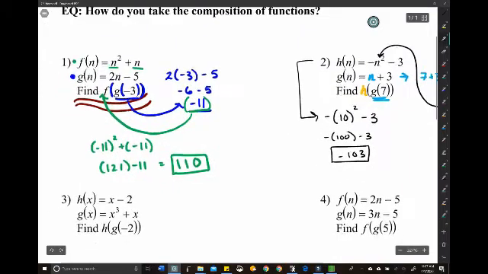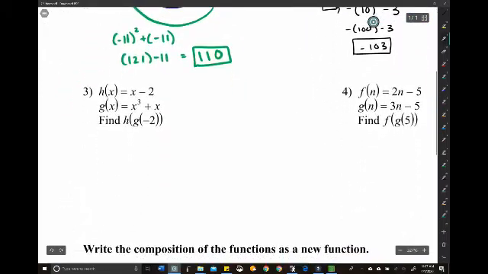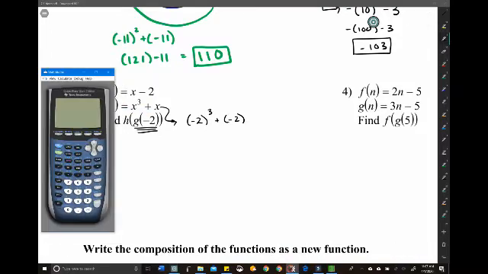Okay, some more evaluating here. g at negative 2 first. So again, start from the inside. So this would be negative 2 to the third plus negative 2. Negative 2 to the third. If you have a calculator, that's fantastic.